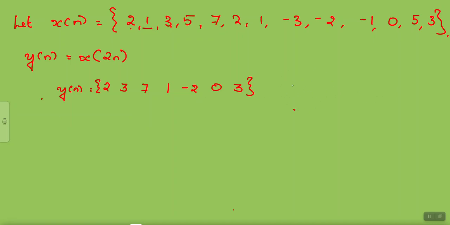This is x of 2n. So the symbolic representation is downsample by 2, x of n is the input and this is y of n.